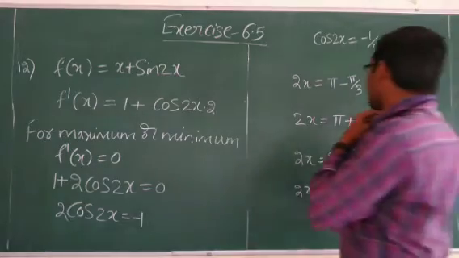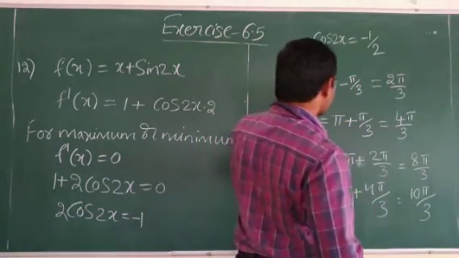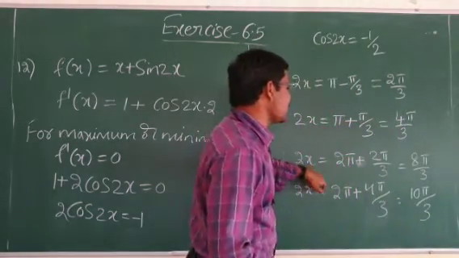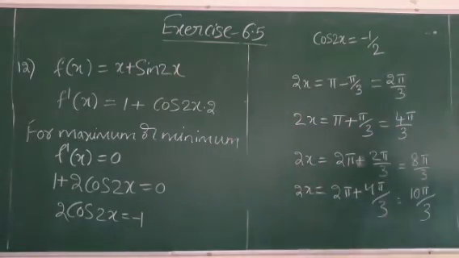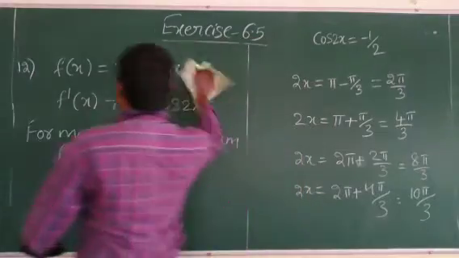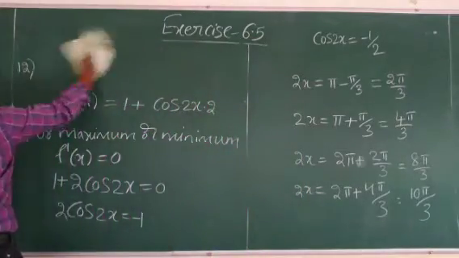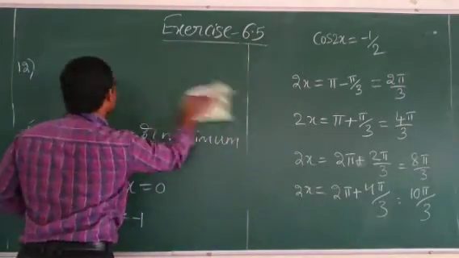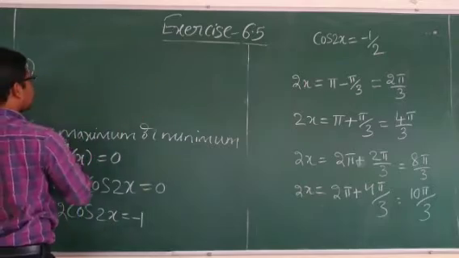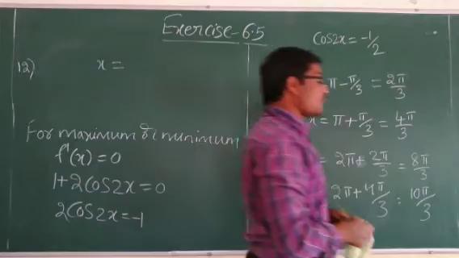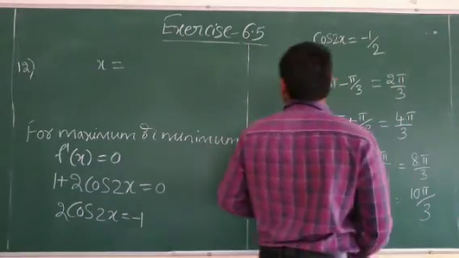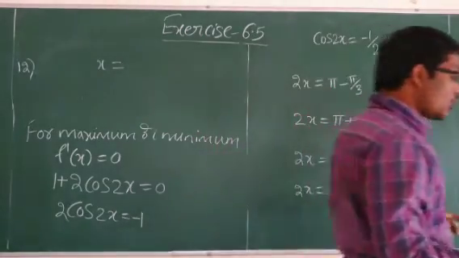We are getting these values for 2x, but when you take only x, these values will be reduced. So from these 2x values we can find the value of x. Totally we get 4 different values in the interval 0 to 2 pi.